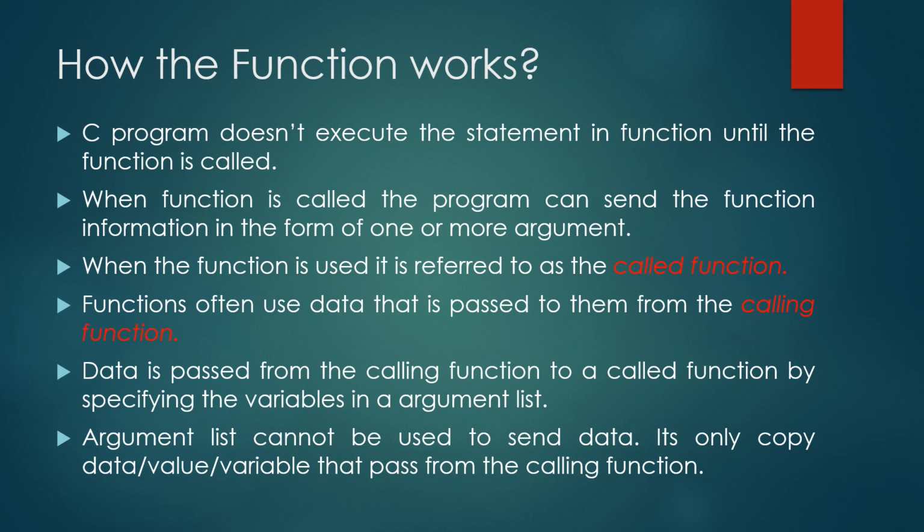Functions often use data that is passed to them from the calling functions. The data is passed from the calling function to the called function by specifying the variables that are present in the argument list. It only copies the data or value of a variable that is passed from the calling function.